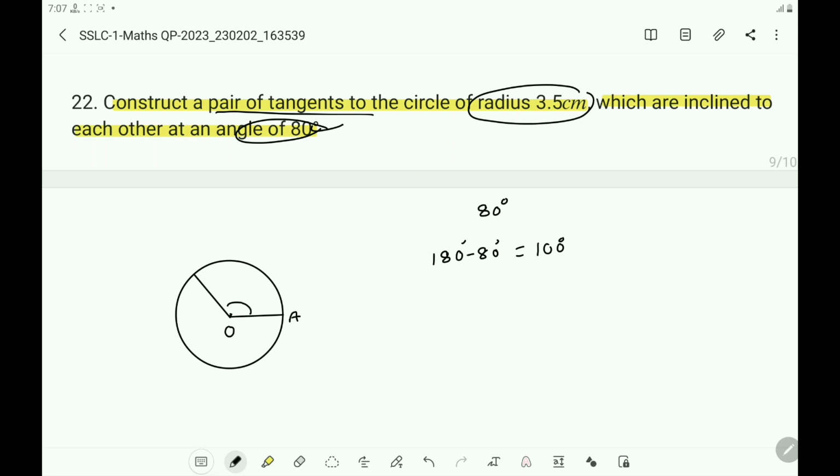Then OA and OB are the radii. At point A and at point B, draw a perpendicular. You know the method of drawing a perpendicular at a point to that line. So you draw a perpendicular, and here you take a compass with A as the center and OA as the radius.